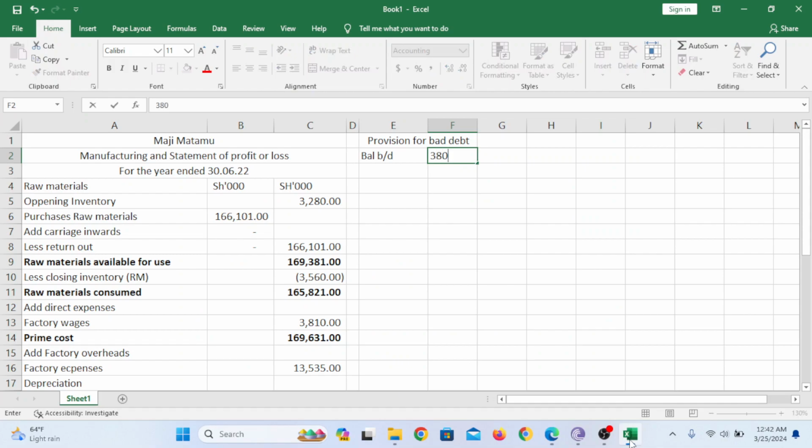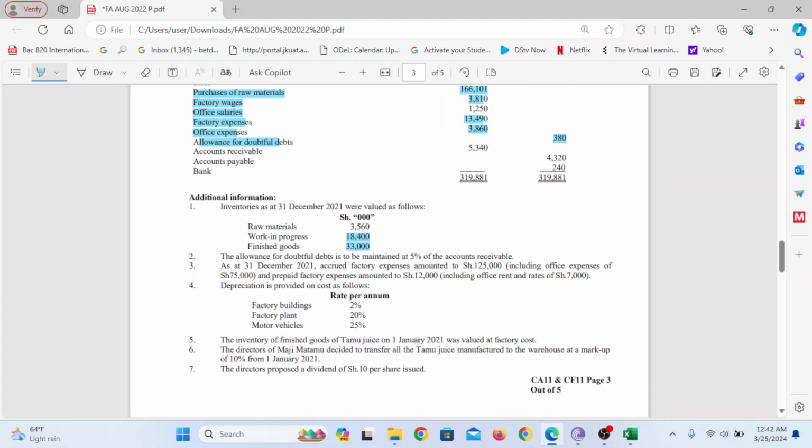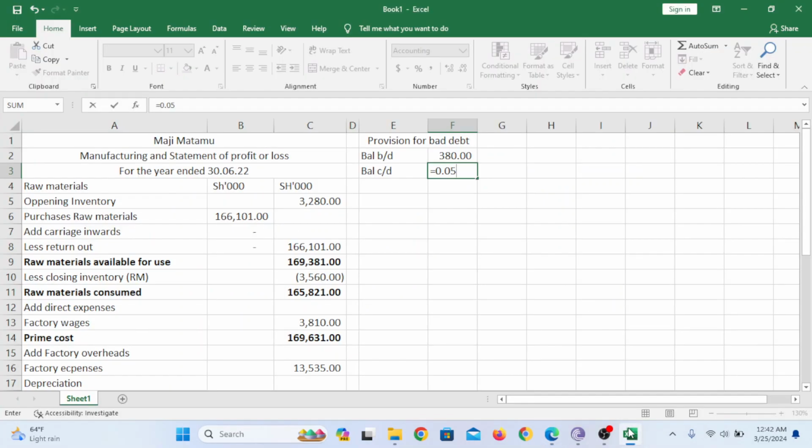So you need to compute now the balance carried down, and the balance carried down will be told is 5%, because that is in note number 2. Allowance for doubtful debt is 5% of the receivable. So 5% of the receivable, which is 4340 times 5%. So I'm getting 217.